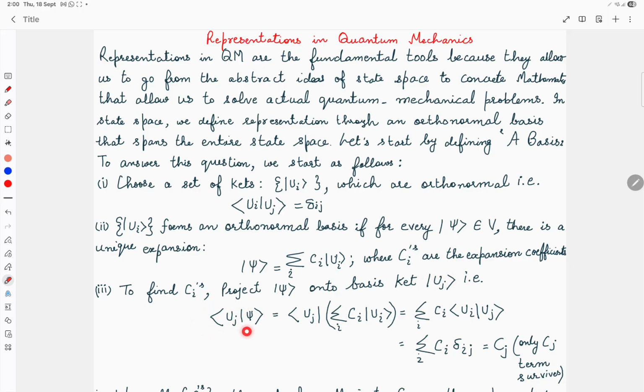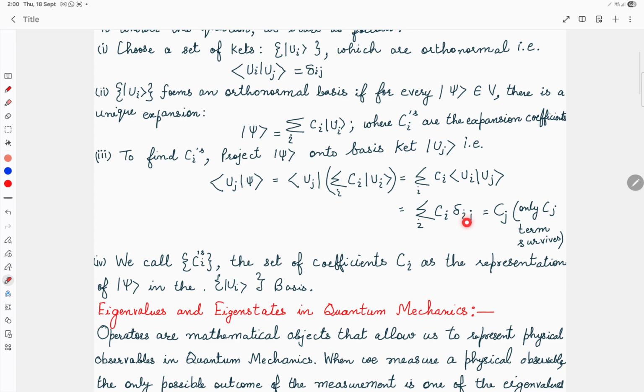This is done by taking the inner product. So this is basically a projection of psi onto ket uj. And if we expand ket psi, I will get this, take out the scalar value outside, and this will be equal to the Kronecker delta.